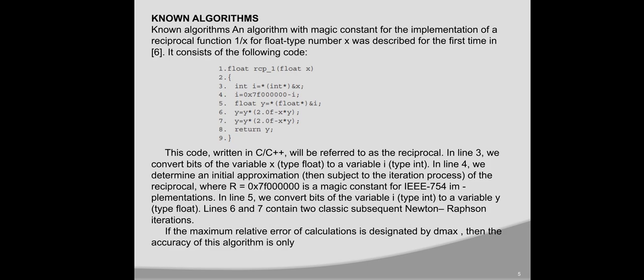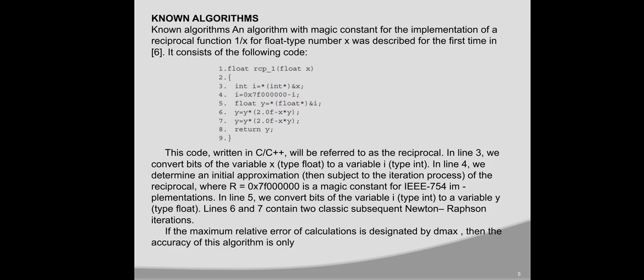In line 4 we determine an initial approximation, then subject it to the iteration process of the reciprocal, where r equals 0x7F000000, which is a magic constant for the IEEE 754 implementation. In line 5 we convert the bits of the integer i to a variable y. Lines 6 and 7 consist of two classic subsequent Newton-Raphson iterations.